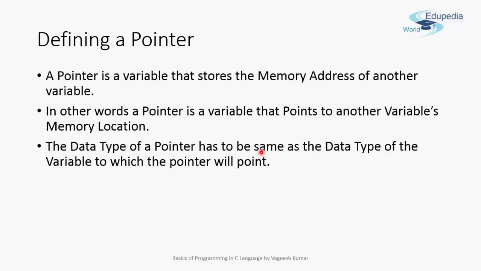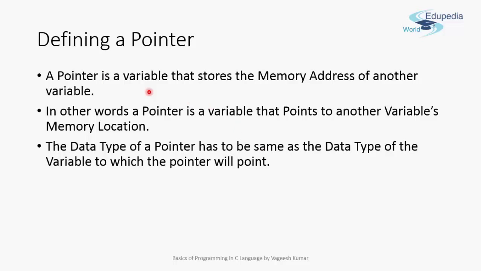So this is why C is also a middle level programming language, because it gives you that kind of control. But you have to use pointers with caution, because in case you accidentally access some memory that is not a part of your program, some memory that has not been allocated to your program, in that case your program will be killed by the operating system, because it has attempted to access an illegal memory location.